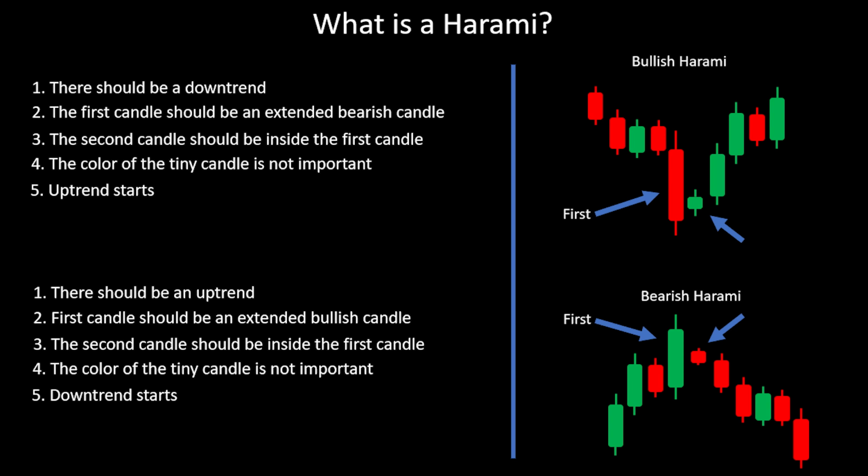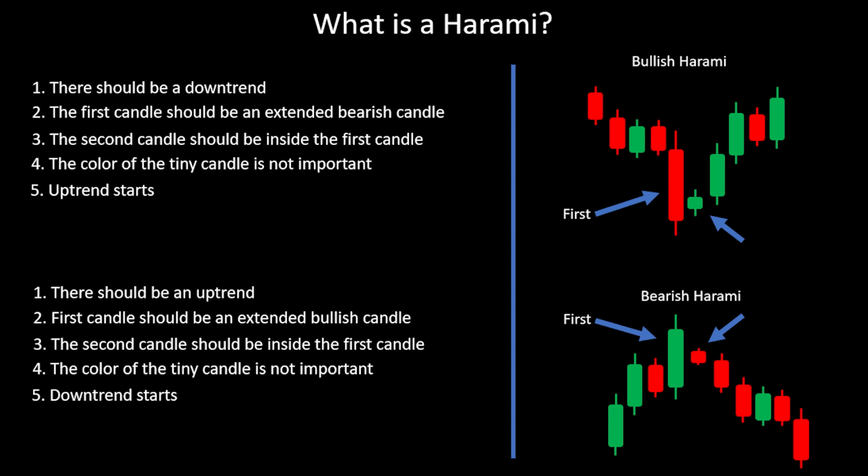Alright, now let's have a brief explanation about today's third pattern. Third pattern today is harami. The harami pattern can occur at the end of an uptrend or at the end of a downtrend.